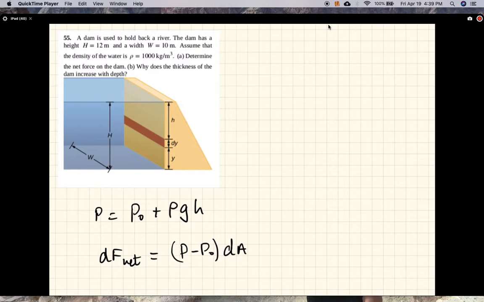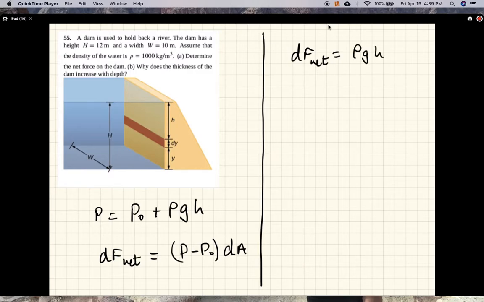All right, so the net force, and we will integrate this, is rho g h dA, and dA is width times dy. All right, so now we'll integrate over y.